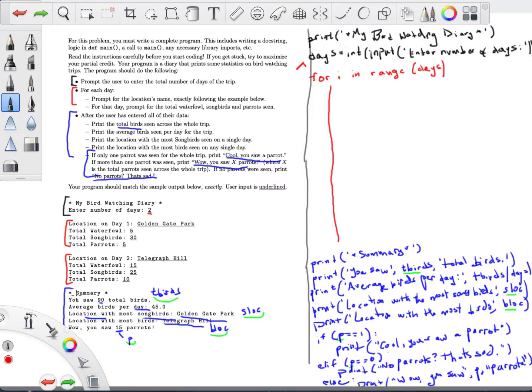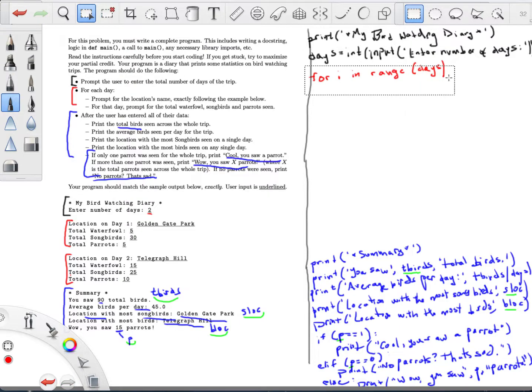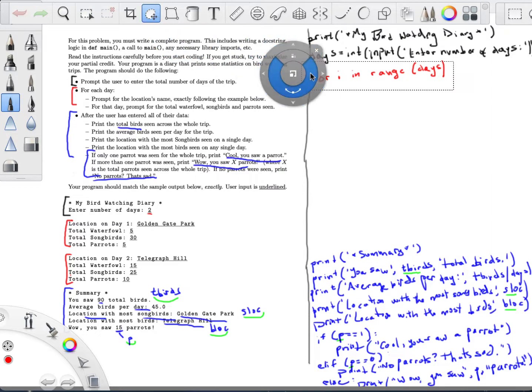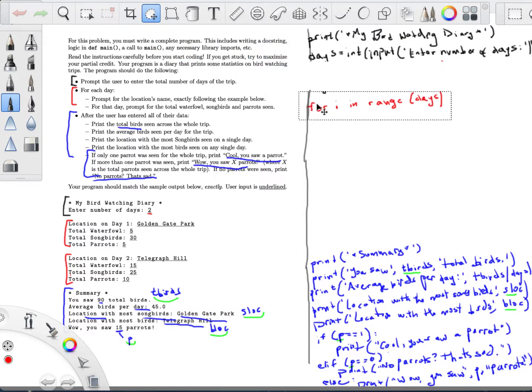So I'm just going to go back a little bit and say, let's not assume that that is the very next line. Because indeed, there might be something I need to do.